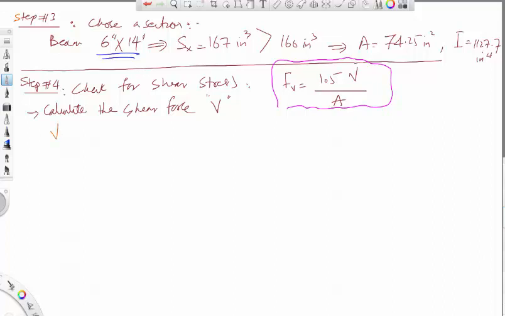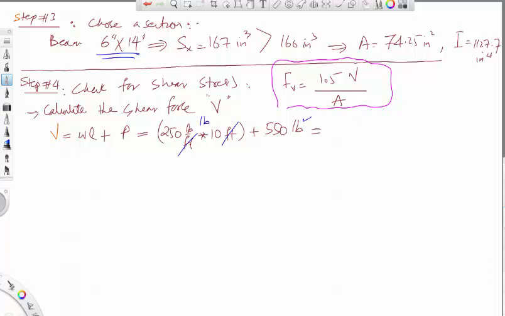So V is equal to WL plus P. W is equal to 250 pound per foot, multiplied by L, 10 feet. That is the first part, and the second part is P, which is equal to 550 pounds. You see the units are pounds, so foot and foot will be cancelled out, and you are left with pounds on both sides.